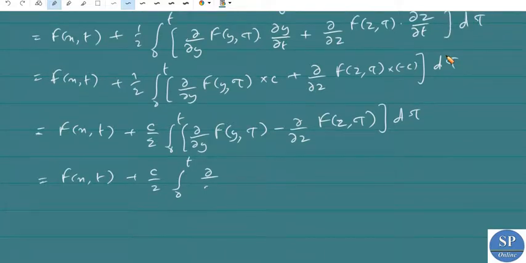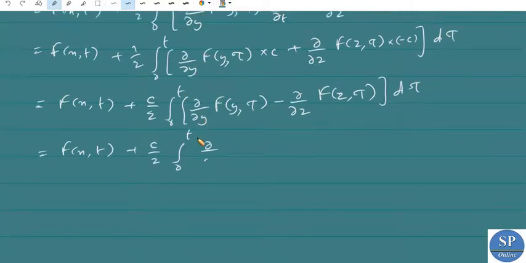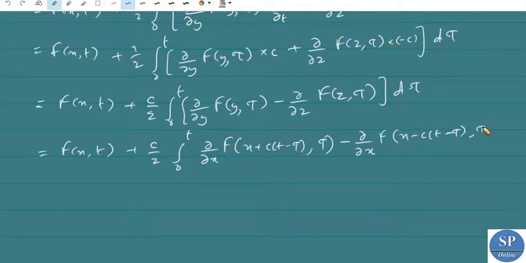So here this is dou by dou x of f of x plus c into t minus tau comma tau, minus dou by dou x of f of x minus c into t minus tau comma tau, into d tau.